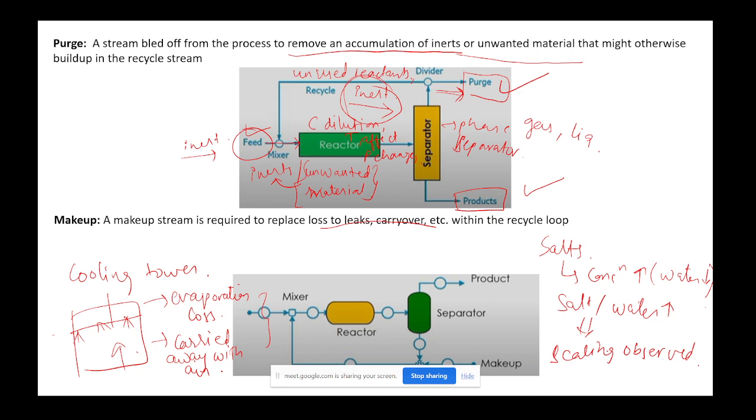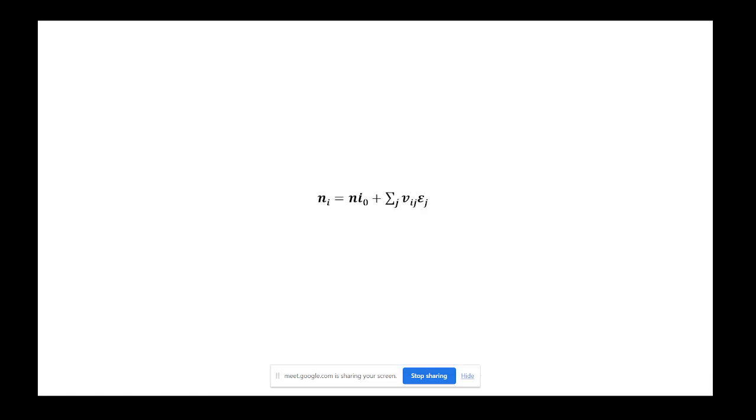After a certain concentration of salt, it will start scaling up, and it will eventually affect the efficiency of the cooling tower. So to avoid this, we add makeup water, so that the concentration of salt is always maintained in the cooling tower and scaling is avoided. This is the example of makeup.